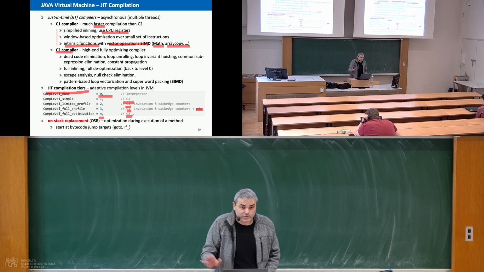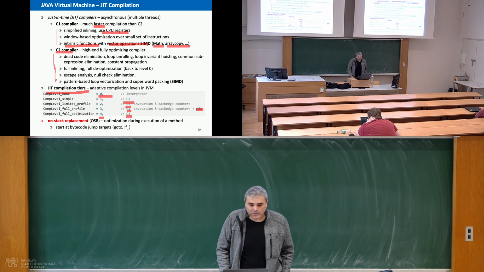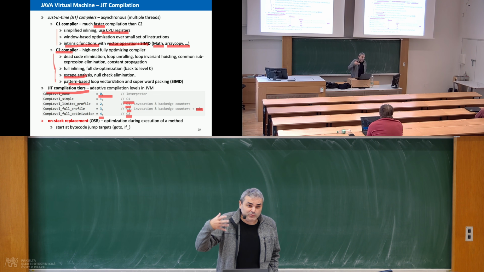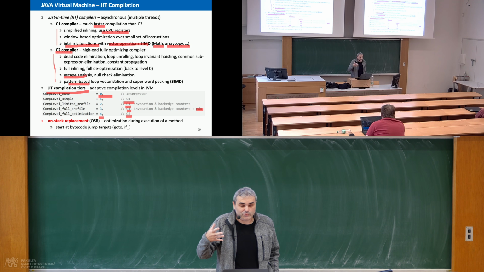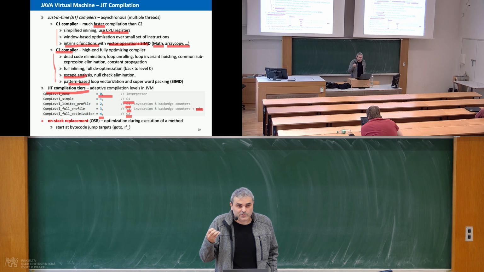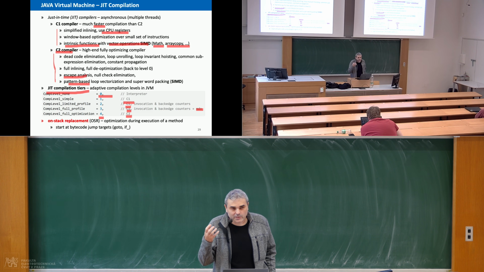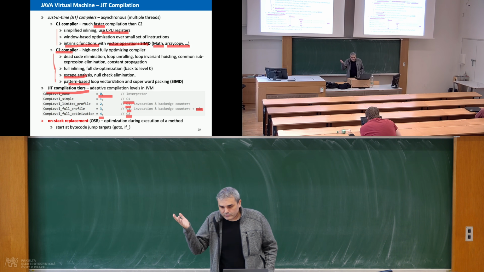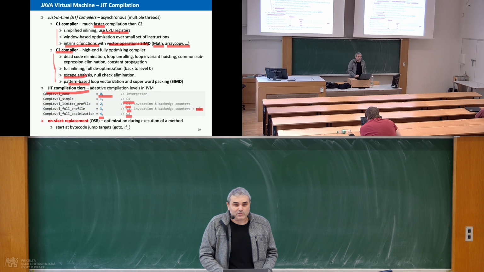Usually, C2 compilation is the final, best optimization. All kinds of optimization are mentioned here. We can show some of them. What is crucial here is escape analysis. We'll talk about that sometime later. Also pattern-based vectorization. If you have some cycle in your source code, it can automatically derive, and it costs time for the compilation, but it automatically derives, yes, I have a CPU supporting these vector operations.